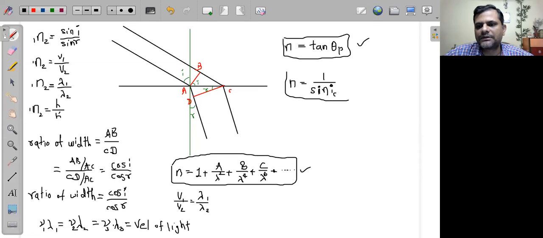And the critical angle is related with refractive index in this way, and angle of polarization also is related with the refractive index in this way. So using trigonometric relationships, we can just find out the relationship between theta p, that is angle of polarization, and this IC, that is the critical angle actually. Okay, ये हमको समझना है.